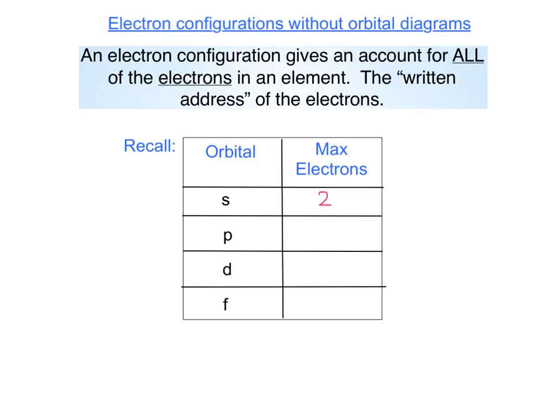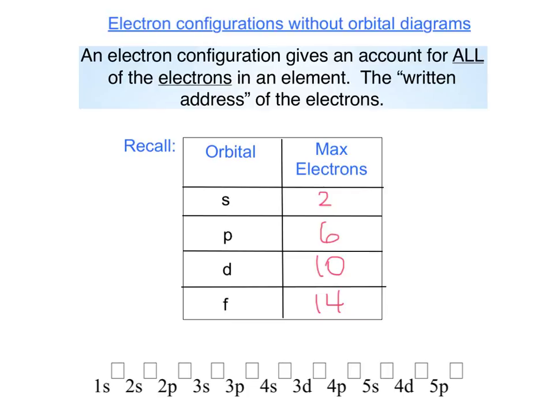P orbitals, since there are 3 p orbitals for every energy level and 2 electrons in each p, you can have 6. For D, there are 5 types of orbitals, and there are 2 electrons in each, so you can have a maximum of 10. And finally, F has 7 types of orbitals, and each can hold 2, so you have a total of 14 electrons. Okay, keep this in mind.